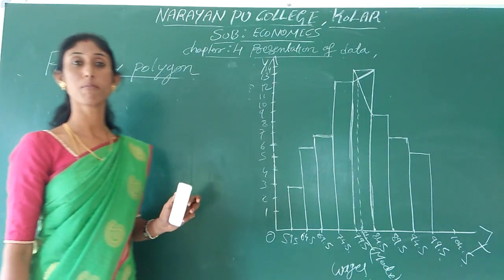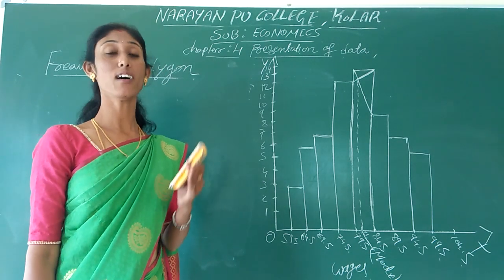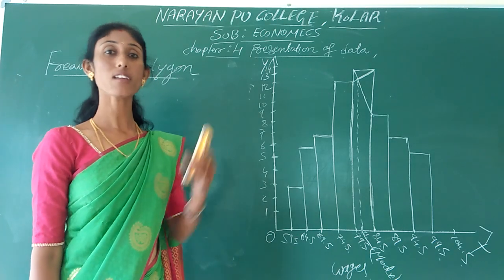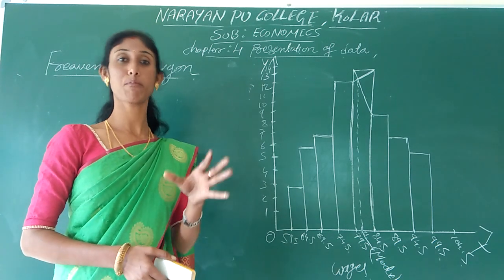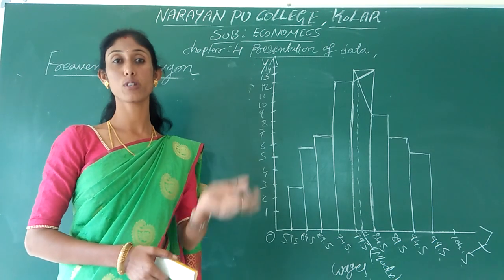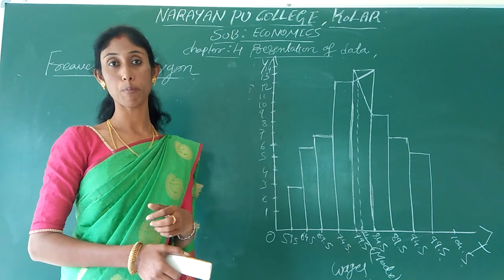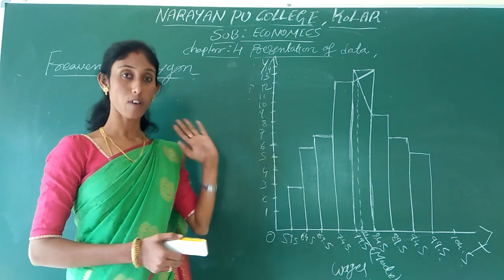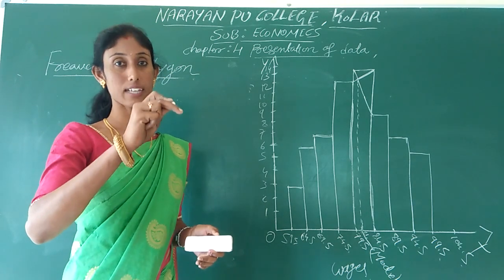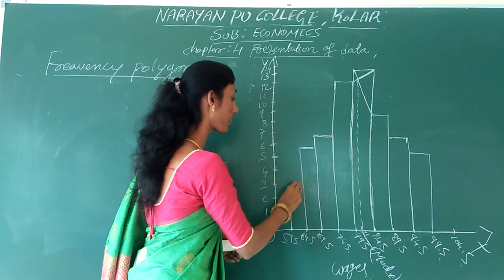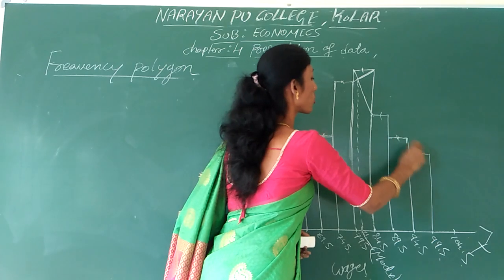Here, frequency polygon means it's a plane bounded by straight lines. The frequency polygon is an alternative to the histogram. It's the same as a histogram, but it is an alternative version, and it is also a part of the histogram. The simple way to draw the frequency polygon is joining the midpoints of the top sides of all the rectangles which we have drawn in the histogram.